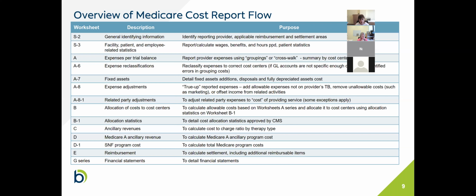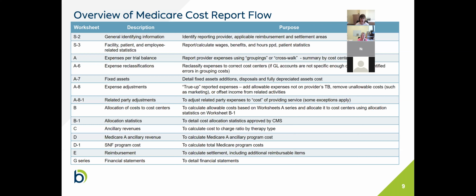And then Schedule D calculates Medicare Part A ancillary program cost and total cost of the Medicare program: capital costs, routine cost, ancillaries. Section 8 summarizes reimbursement. So we report all the revenues that you are supposed to be getting from Medicare, and we report what you have actually received in payments from Medicare.